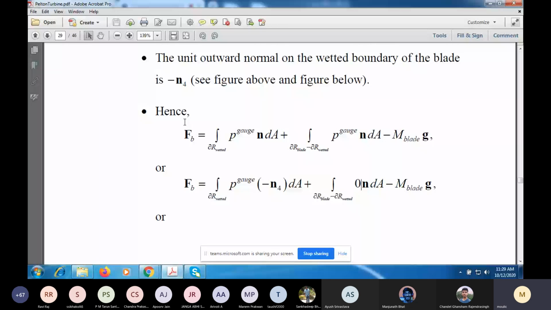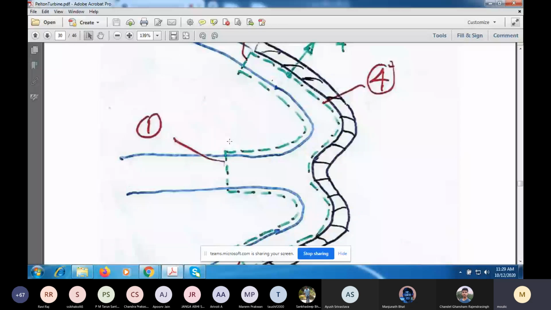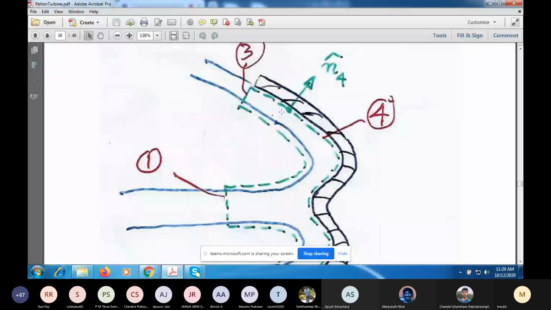And instead of n here, I can write minus n4. Why minus n4? When I'm looking at the pressure force on the vane surface, I have the normal pointing outwards. And I'm going to use the control volume to estimate that integral, where I have n pointing towards the vane.